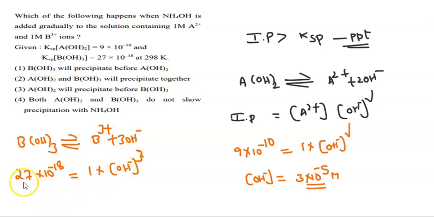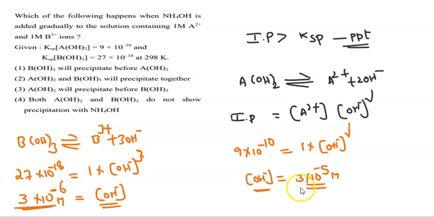So the cube root of 27 is 3 into 10 to the power of minus 6, which is equal to the concentration of OH minus. That means to precipitate B(OH)3, we need 3 into 10 to the power of minus 6 molar. To precipitate A(OH)2, we need 3 into 10 to the power of minus 5 OH minus concentration. So 3 into 10 to the power of minus 6 is low when compared to 3 into 10 to the power of minus 5.